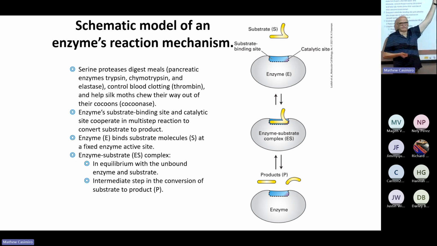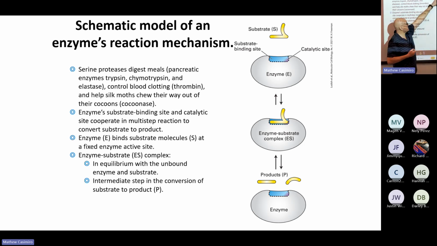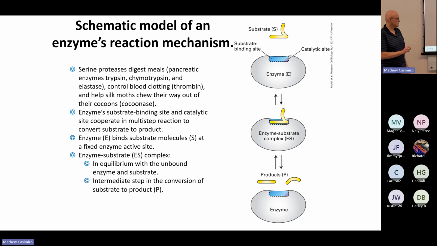The substrate, often denoted as S, binds to the active site, composed both of the substrate binding site and the catalytic site, and when the substrate binds, it forms an even stronger association because of the stabilization of the transition state.